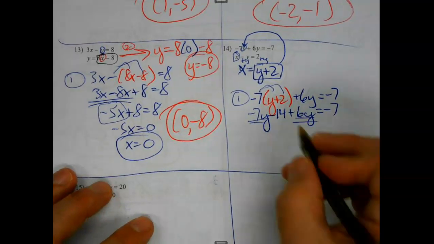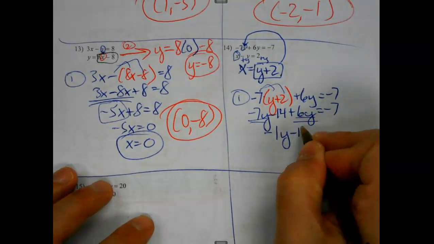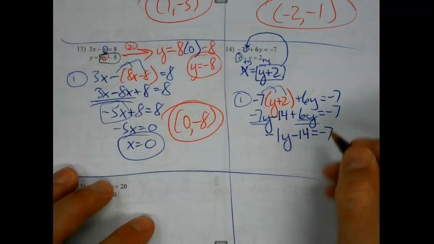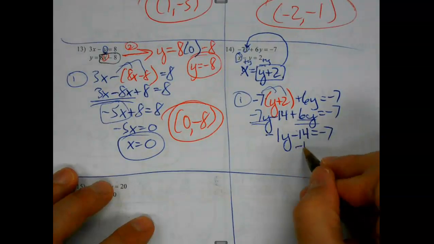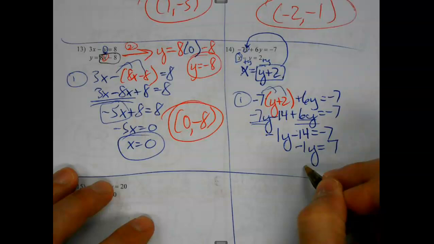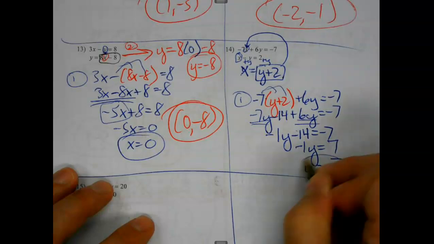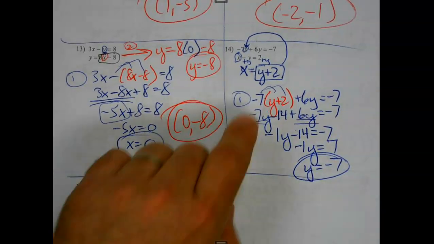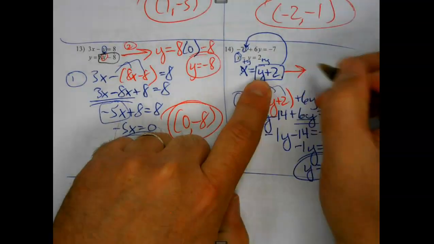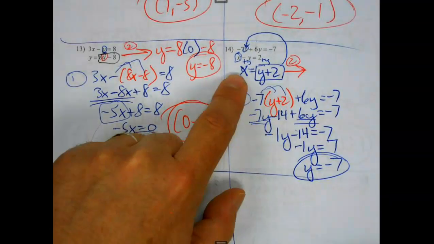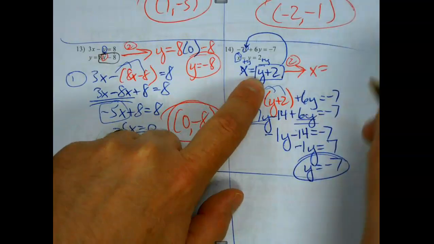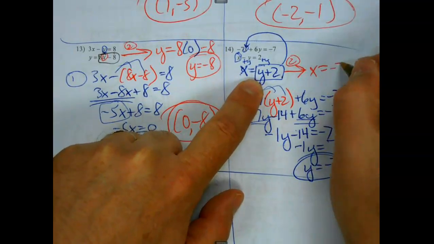Same side, same team. Add my 14 over. Solve it. Just like we did before, now that I've solved this, I got an easy one for x. X equals y plus 2.